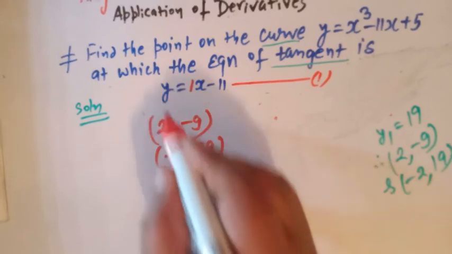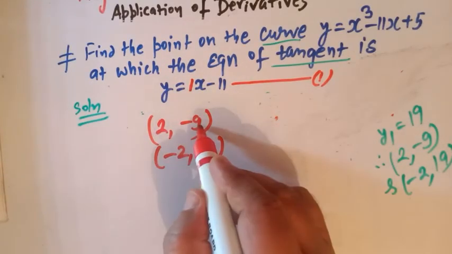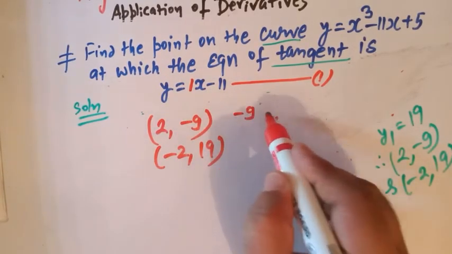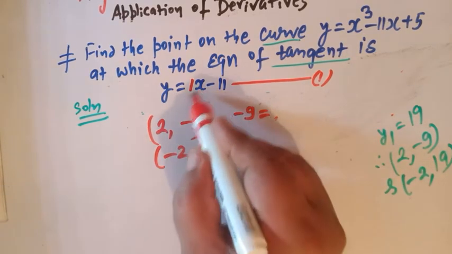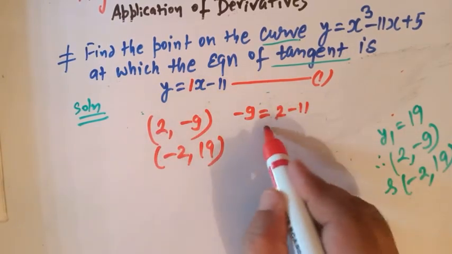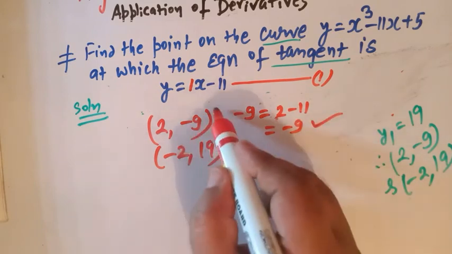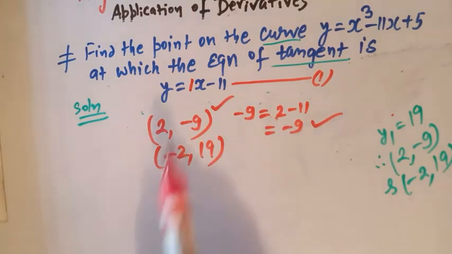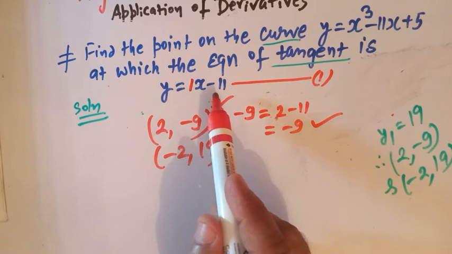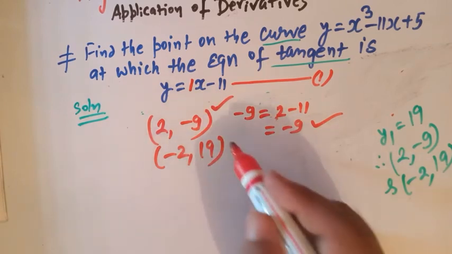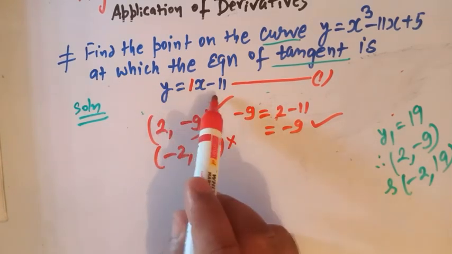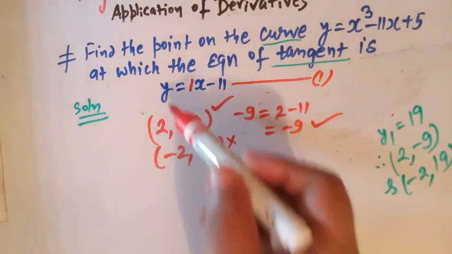How? Let us verify it. So here x is 2 and y is −9, so −9 is equal to 2 − 11, that is −9. So this point satisfies this equation. Clear? But this point does not satisfy this equation. How? We can check it.